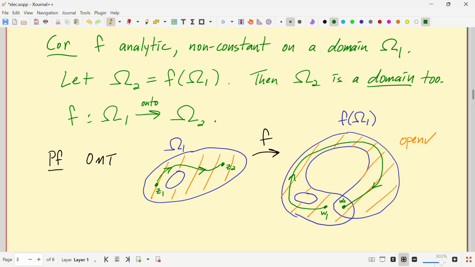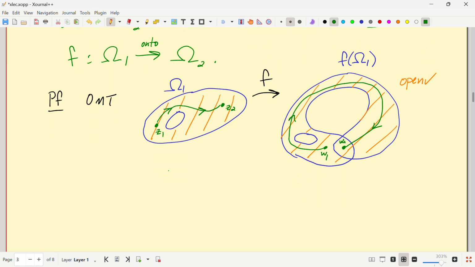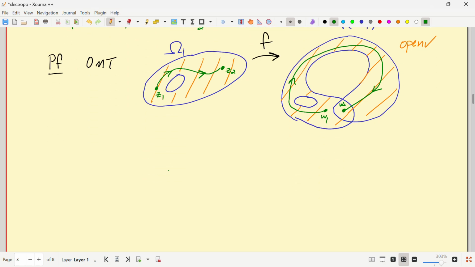Let's see another corollary of the open mapping theorem. A weird special property of analytic functions is that if they're one-to-one, their derivative has to be non-vanishing. So let's suppose we have f from omega 1 to omega 2 that is one-to-one and analytic.